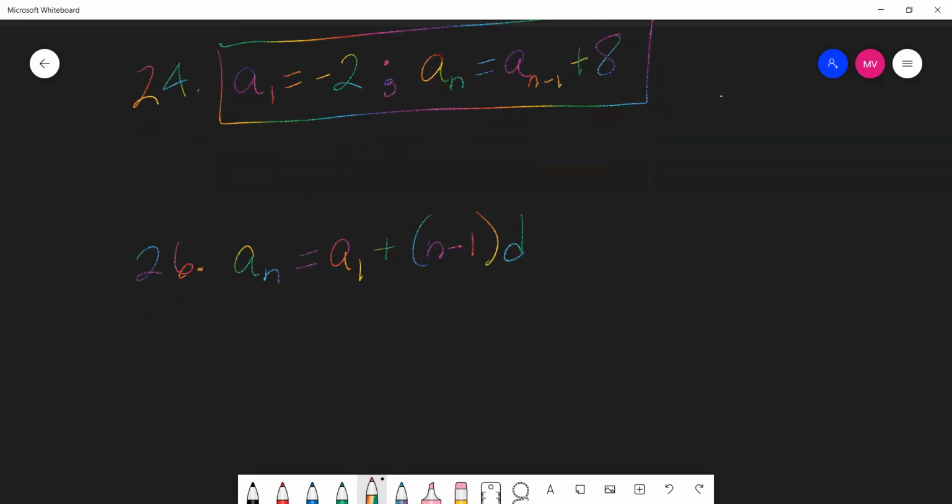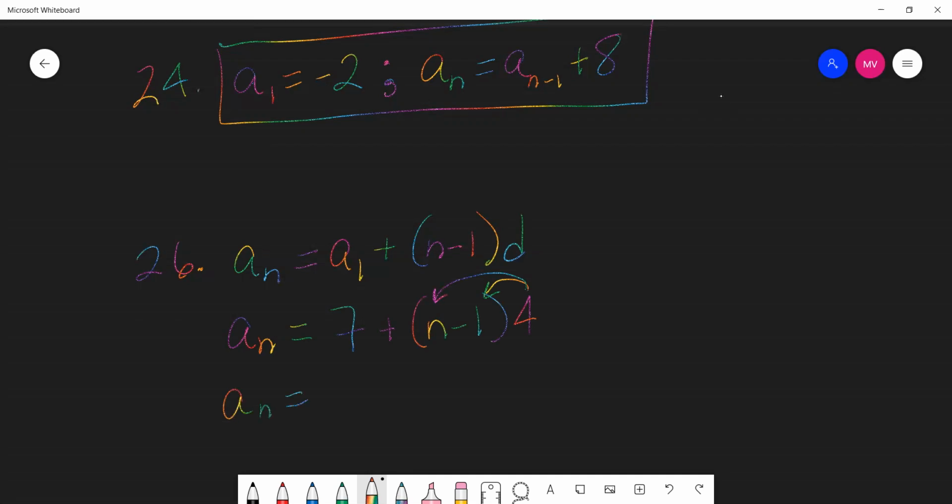So AN, what's the term in position 1 for number 26? Oh, 7. Okay. 7 plus N minus 1. And then what's our difference? 4, positive 4. Okay. Now we need to distribute that 4 into our N minus 1 to get rid of the parentheses.